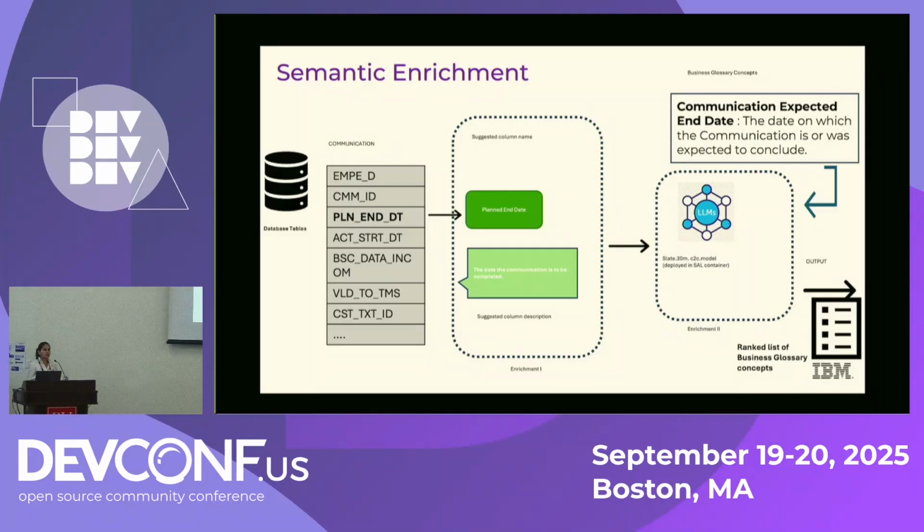Now this doesn't map one-to-one when the natural language question comes. So we want to attach that business meaning to these columns so that these can be discovered when a business question comes. So what we did is we took these names and descriptions, and then we started vectorizing them.